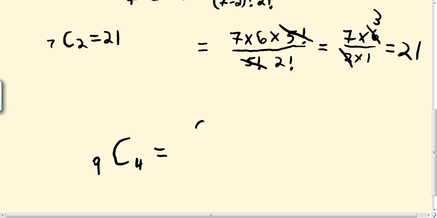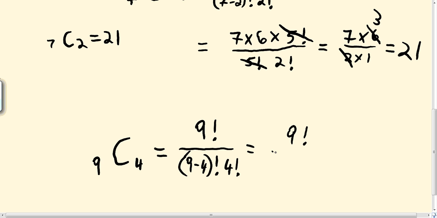So we'll have 9 factorial divided by 9 minus 4 factorial multiplied by 4 factorial. Well, 9 minus 4 is equal to 5. So this is 9 factorial over 5 factorial times 4 factorial. And then we're just going to have to calculate all those factorials, okay?